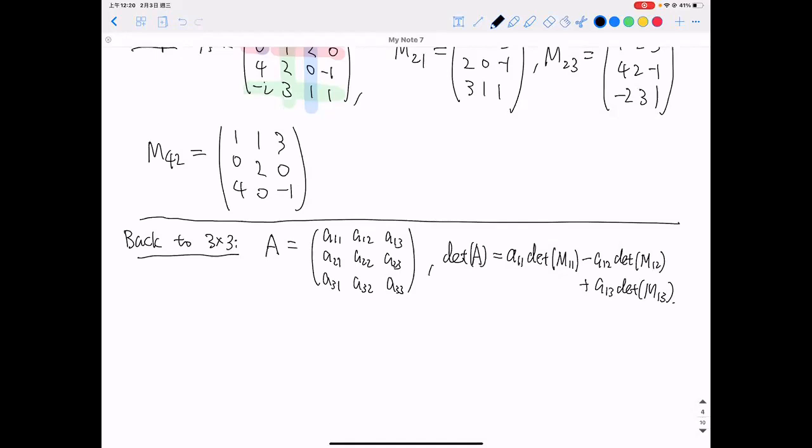There's something about this sign here that's a bit annoying, and we can sort of formulate a convention that includes the sign so that you don't need to remember it, as follows.